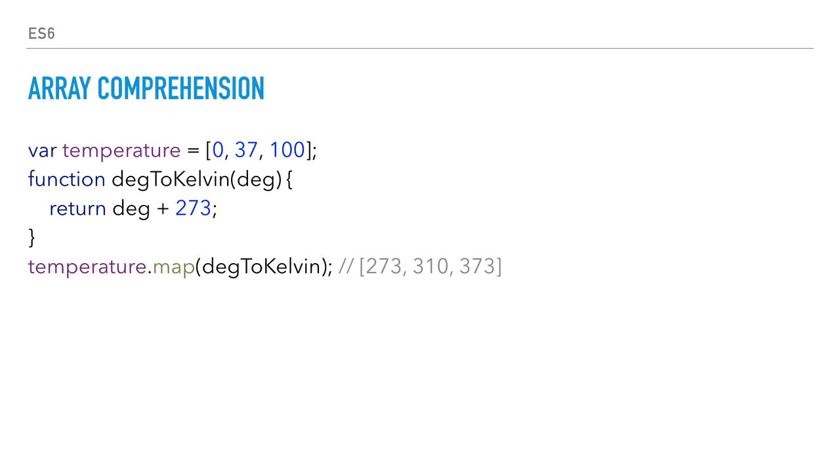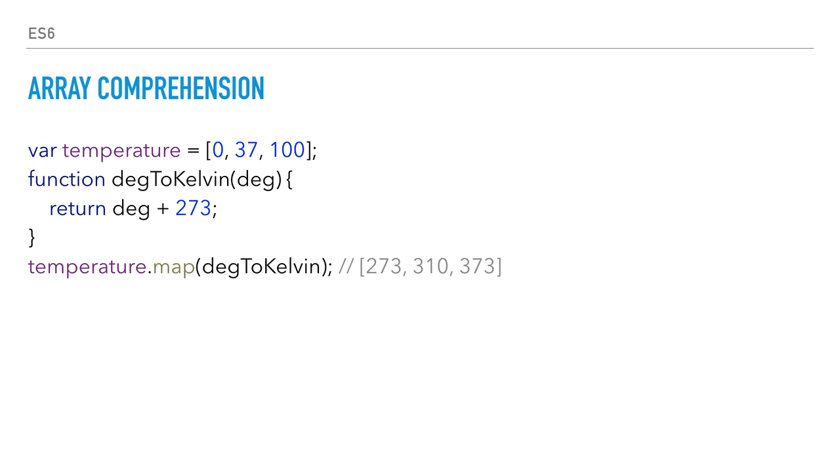If we have an array, for example, the temperature, we have three values here: 0, 37, 100. We can then define a mapping function that transforms the original degrees, adding 273 to convert to Kelvin, right?